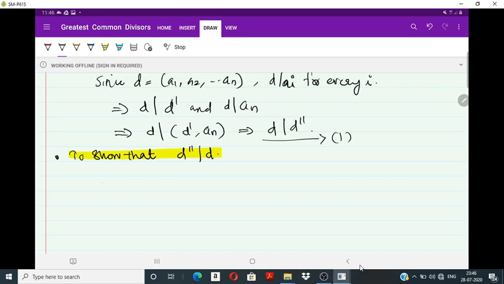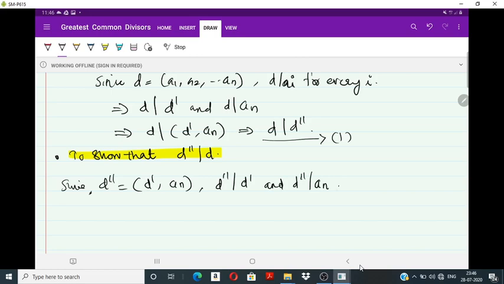For that we know D double dash is GCD of D dash comma AN. So since D double dash is equal to GCD of D dash comma AN, we can say that D double dash divides D dash and D double dash divides AN.